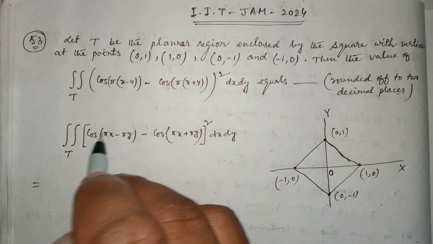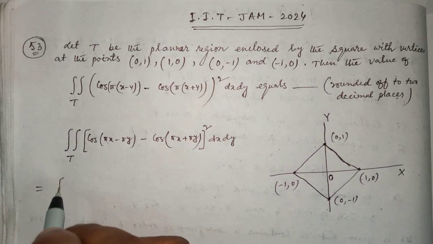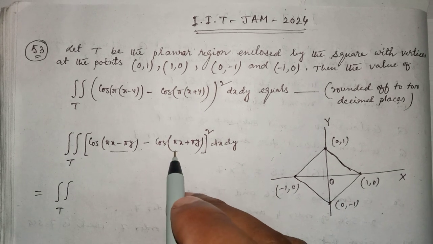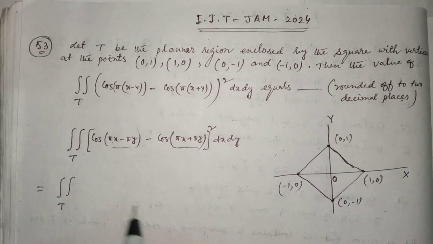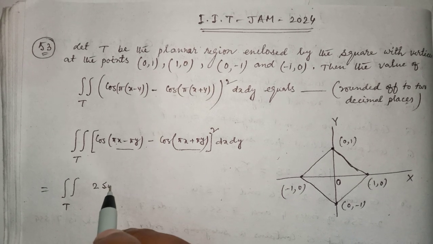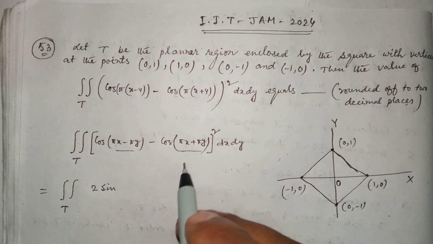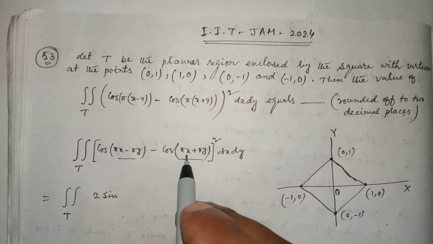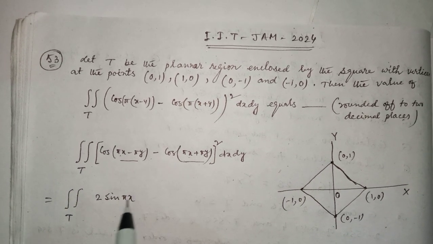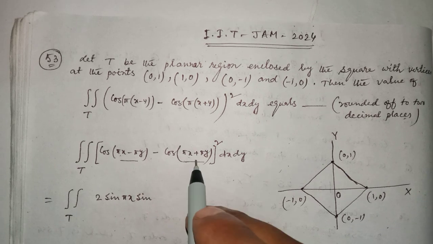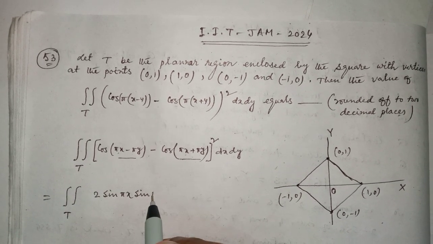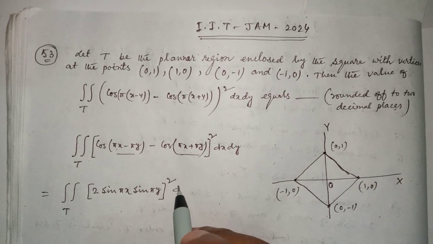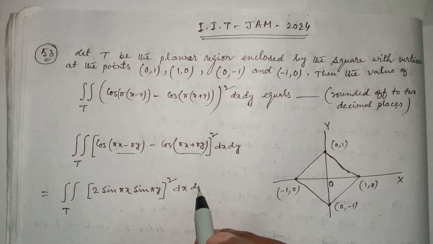First we simplify this. Cos C minus cos D means 2 sin((C plus D)/2) sin((D minus C)/2). So 2 sin πx, and sin πy, whole square, dx dy.